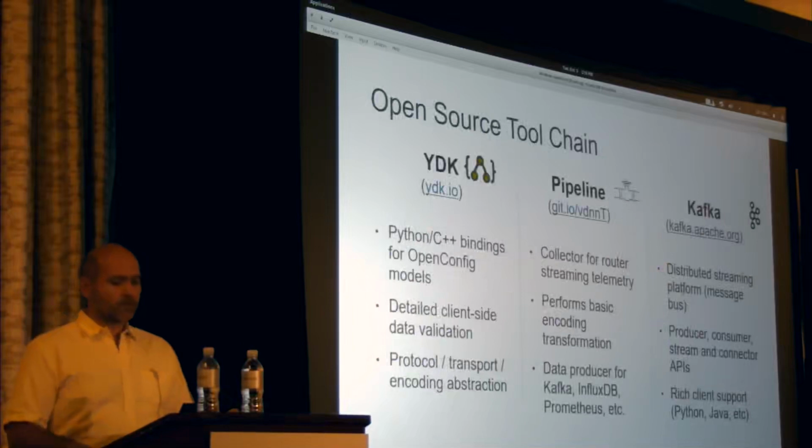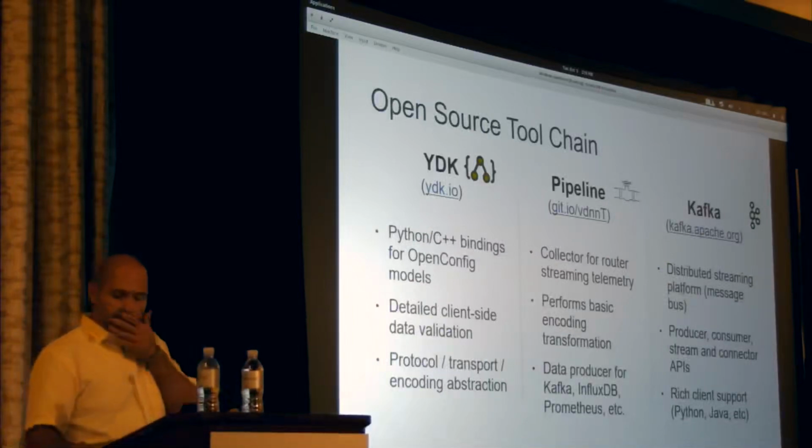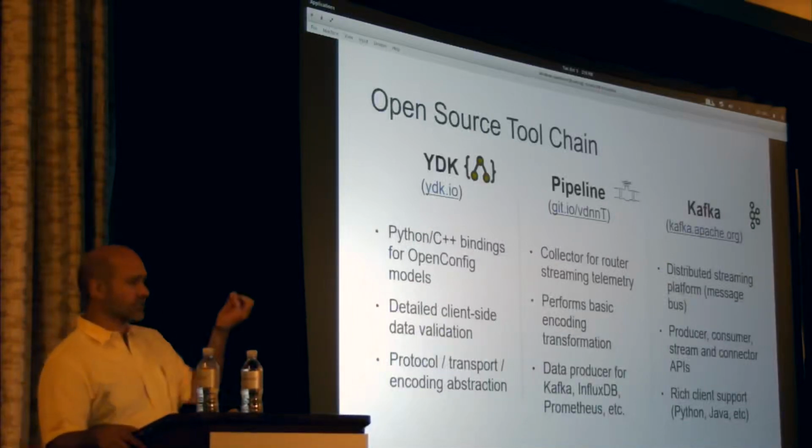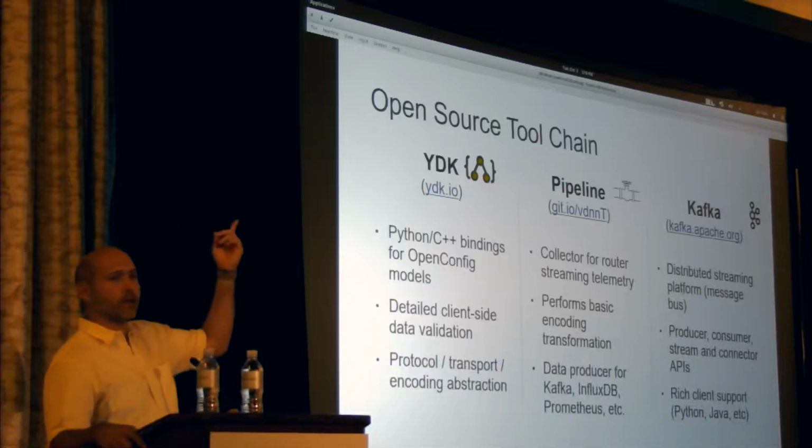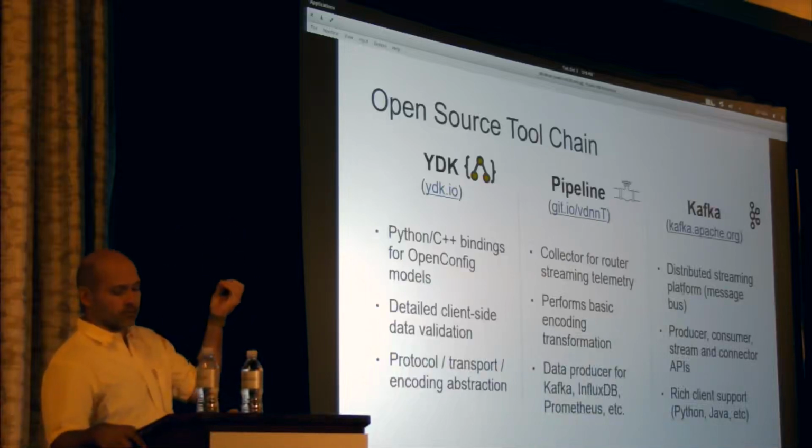All right, so let me keep going through the tool chain. On the collection side, remember that I said we're going to be verifying when we configure the interface and the BGP, we expect data to be streamed back. So we need some kind of collector, and we're going to use an open source project called Pipeline that is going to collect that data.